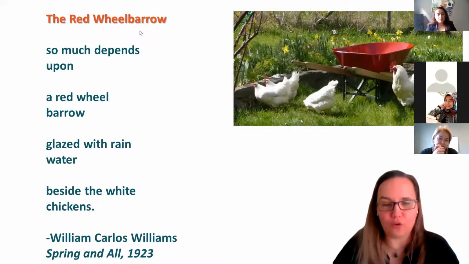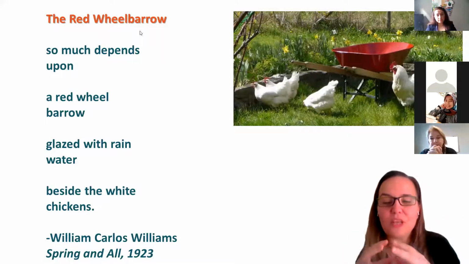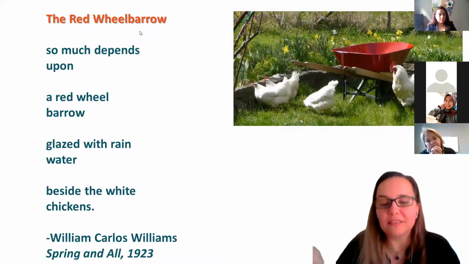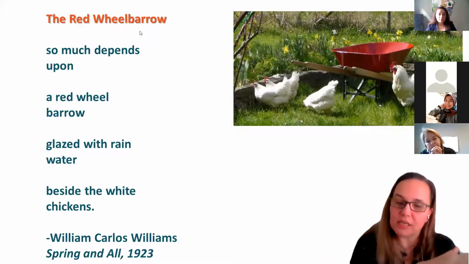Now, only a few words, a very short poem, but when you read this poem, you imagine a field, a farm with a red wheelbarrow and white chickens next to it.